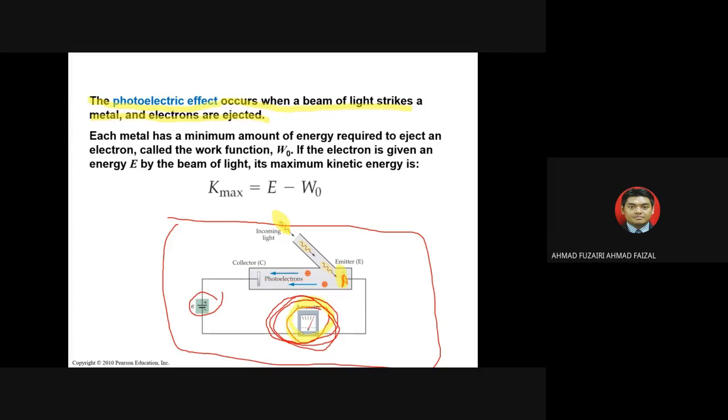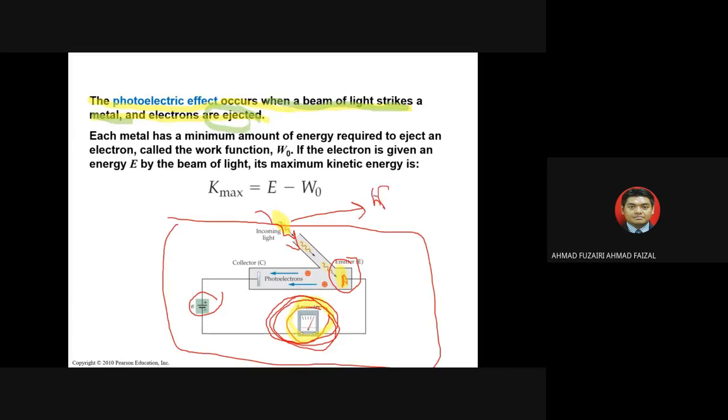This is due to what is called the photoelectric effect, whereby when a beam of light strikes a metal, electrons are ejected. In other words, this light comes and hits the emitter.